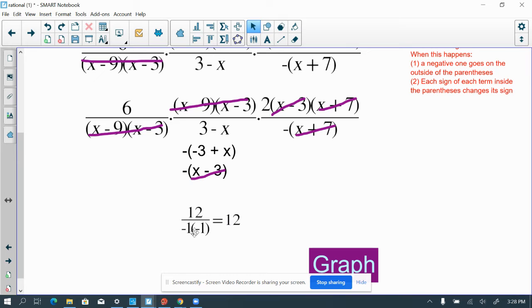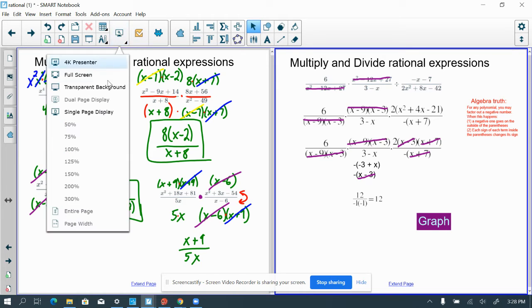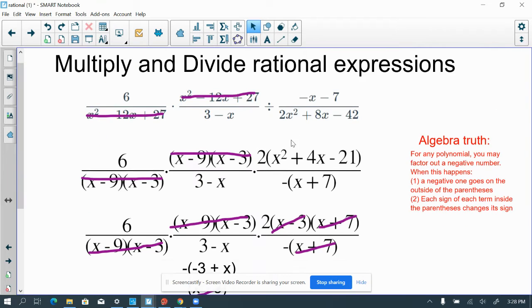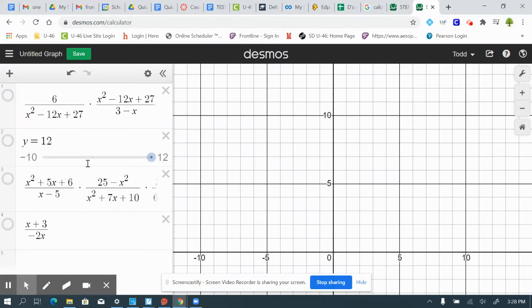And 12 divided by negative 1 times negative 1 is just 12. So this is a really silly example because it starts off with this huge expression, a fraction times another fraction divided by a fraction. We factored a bunch, we canceled out a bunch, and we're left with 12. And it is true, it does just equal the number 12, and we can prove it by looking at the graph very quickly.